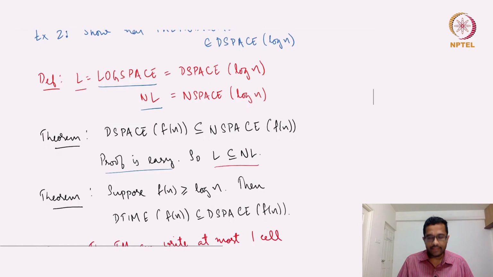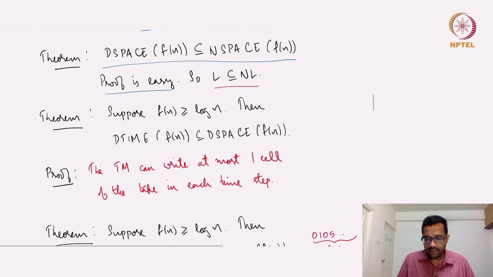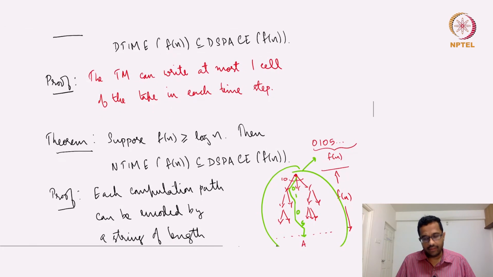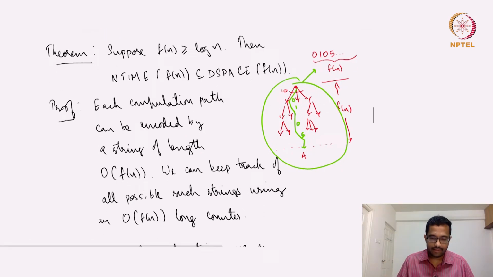Then we saw relations between the space complexity classes and the time complexity classes. DSPACE of f(n) is contained in NSPACE of f(n). DTIME of f(n) is also contained in DSPACE of f(n). NTIME of f(n) is also contained in NSPACE of f(n). So these are time classes contained in space classes.